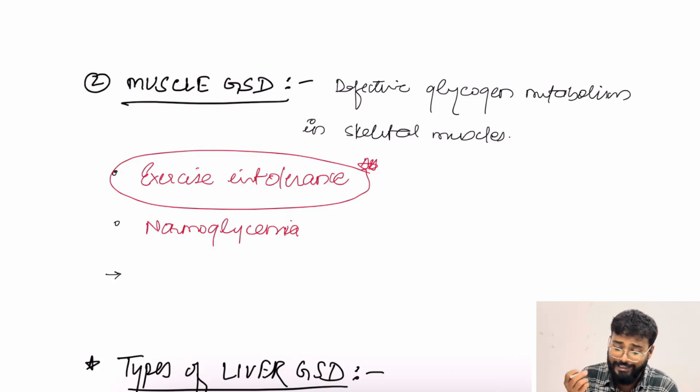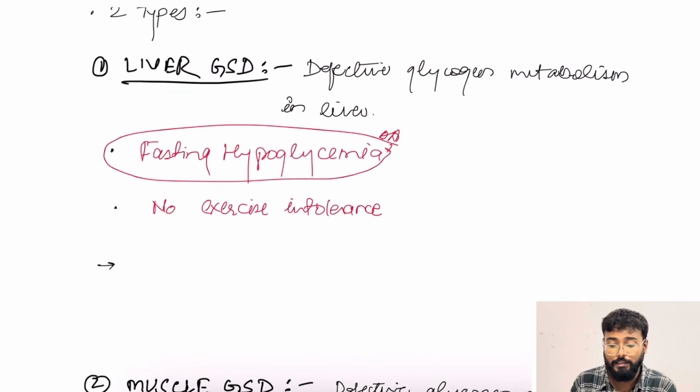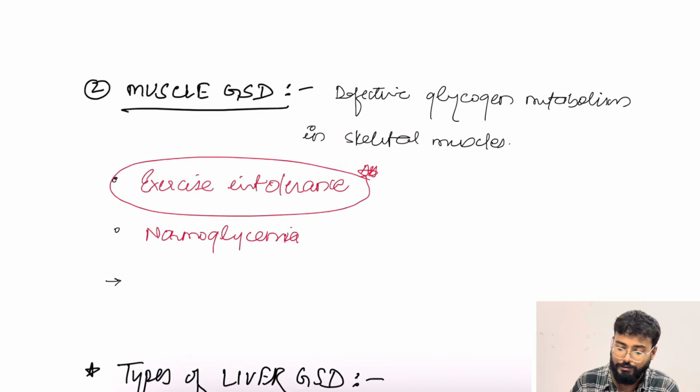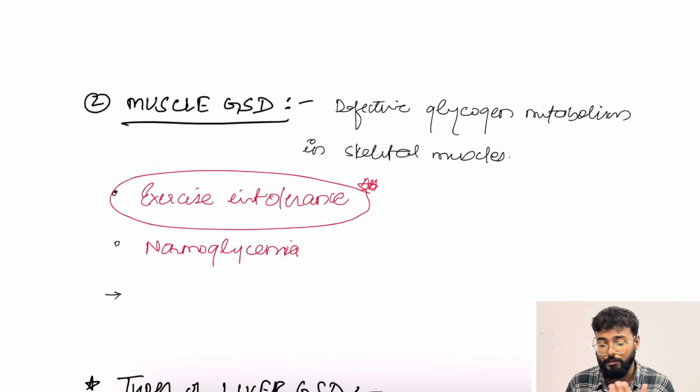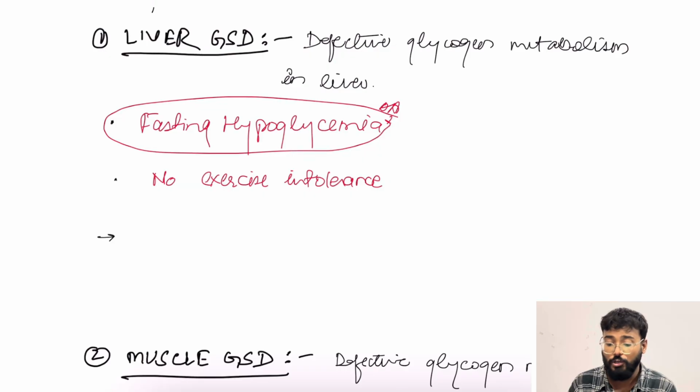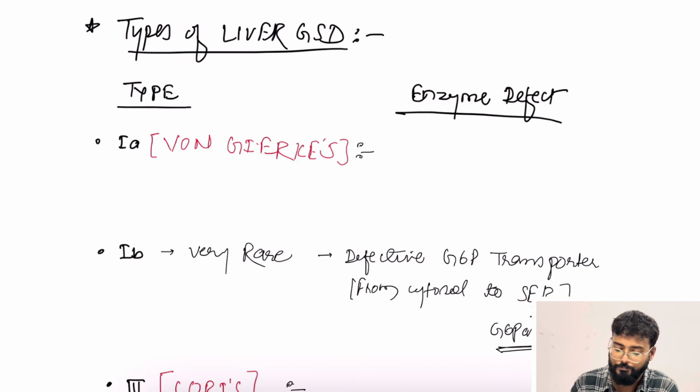So when it is defective in case of muscle, the patient is going to face exercise intolerance, but there will be normoglycemia as the glycogenolysis in liver is normal. So this is the main reason that we see exercise intolerance in case of muscle GST and not in case of liver GST. Now, what are the types of liver GSTs?